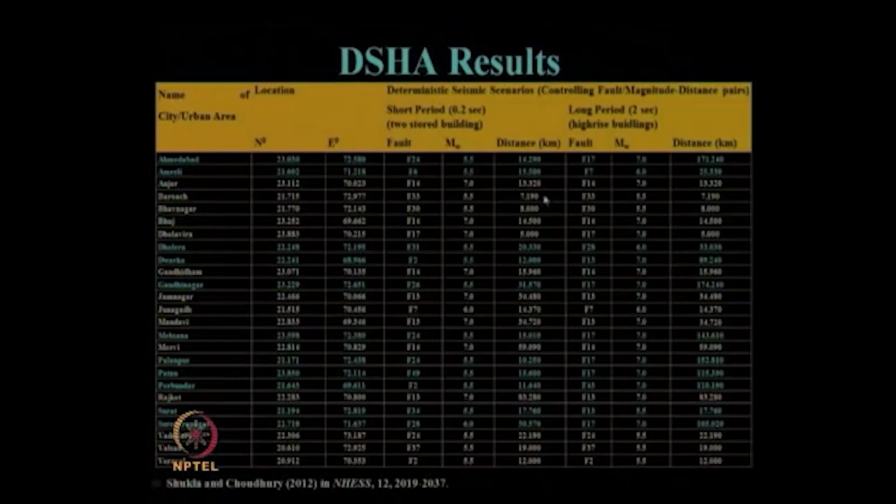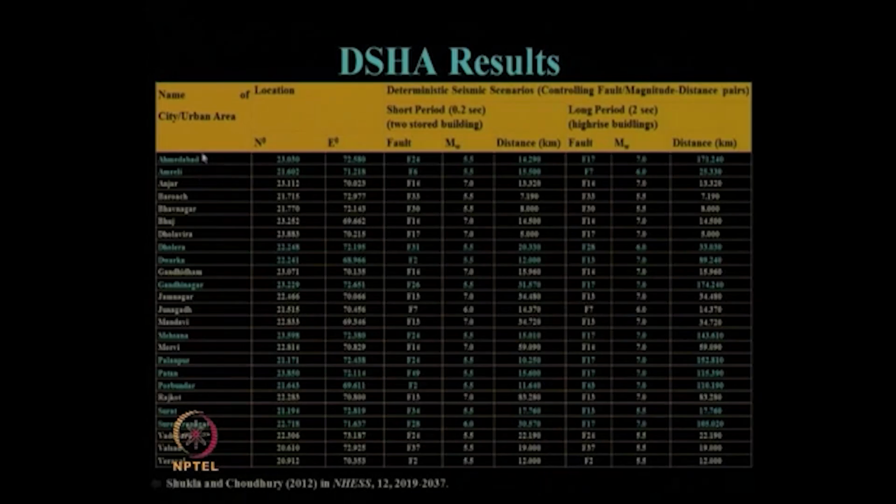What was the reason? Now, we got the mathematical proof also from this deterministic seismic hazard analysis, from this table, as we have seen. For long period or high-rise building, this long distance from source to site dominates, which is dominated by fault number 17 and magnitude is 7. But for small buildings it is not so.